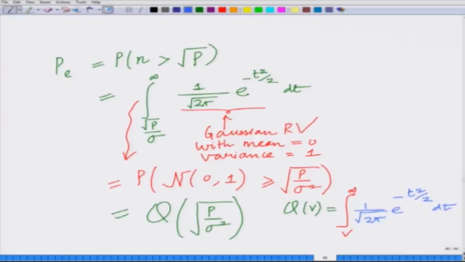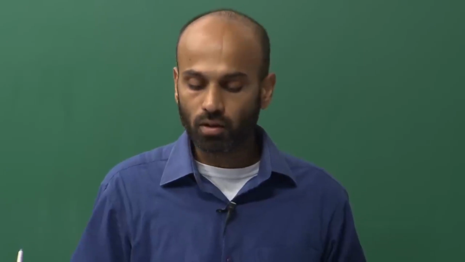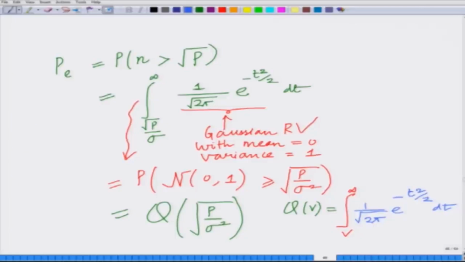So, what we are seeing is that this probability of error is the integral between the limit square root of P divided by sigma to infinity 1 over square root of 2 pi times e raised to minus t square by 2 dt, and therefore, this quantity is the Gaussian random variable with mean 0 and variance 1, and hence this function is the Q function, and therefore, the probability of bit error is given as Q of square root of P divided by sigma square, where Q of v is defined as the integral from v to infinity 1 over square root of 2 pi e raised to minus t square by 2 dt.